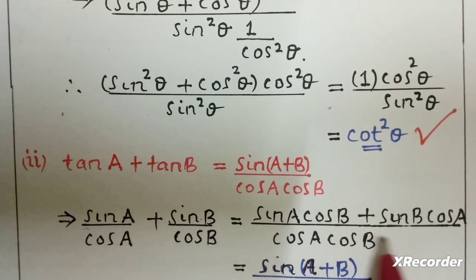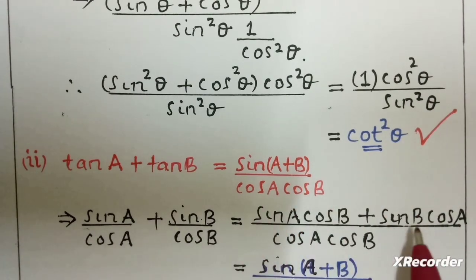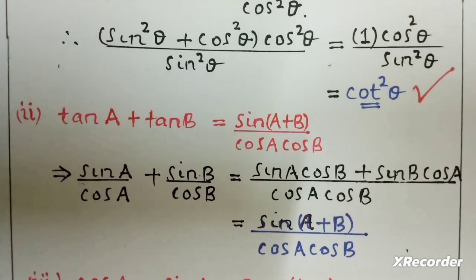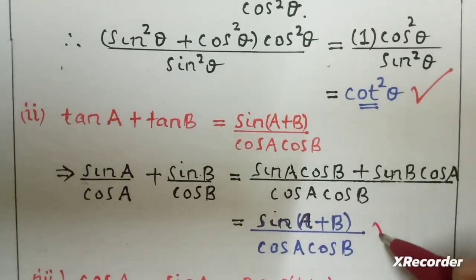This one now forms the identity of sine (A plus B), and this one will be left like that. So we finally get this as our answer, guys.